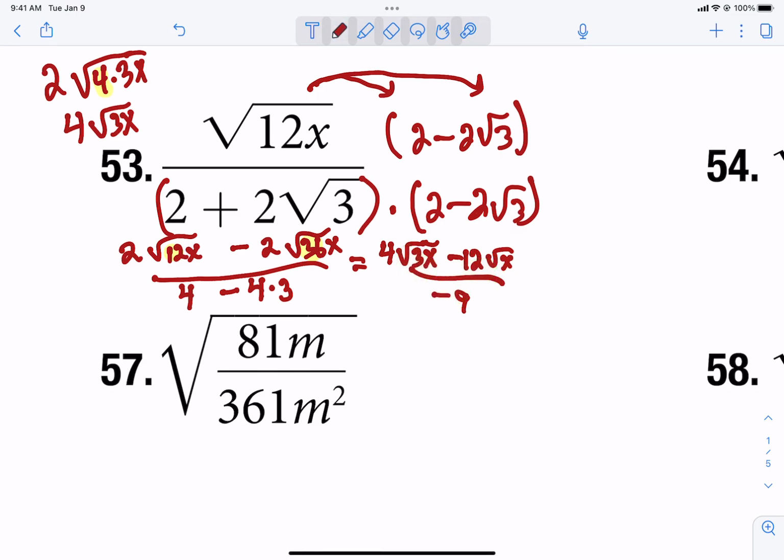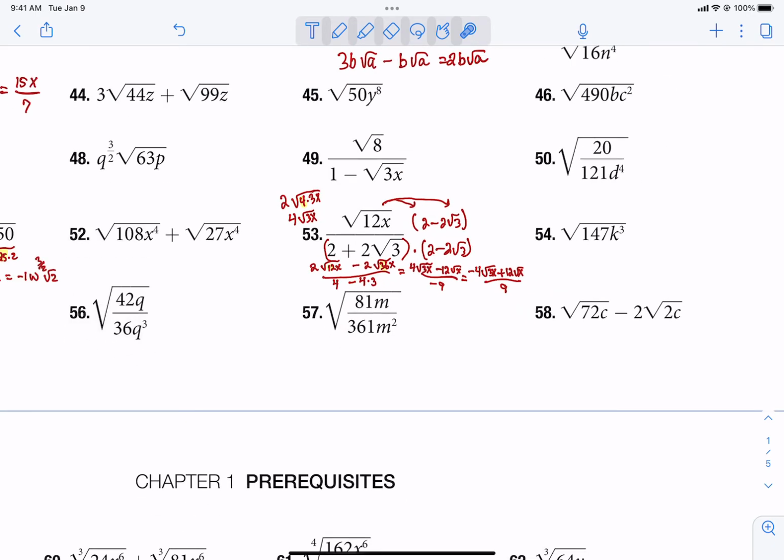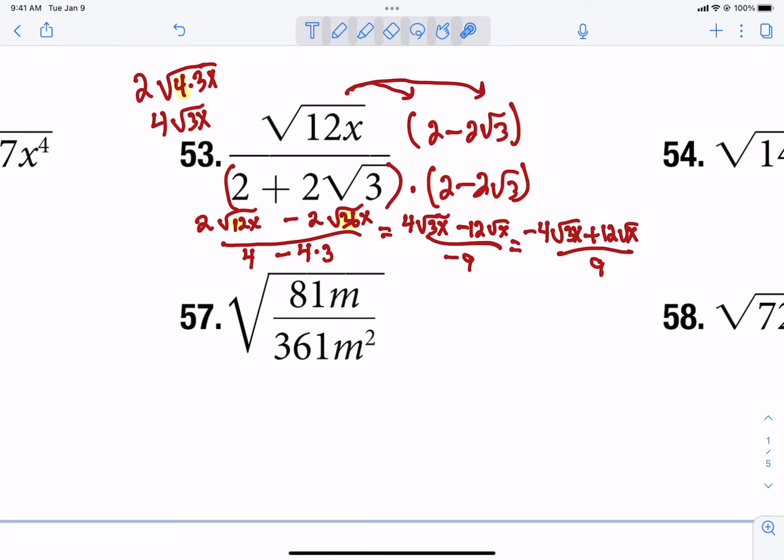That's the only thing you really should do at this point. So the final answer would be negative 4 radical 3x plus 12 radical x over 9. You can't reduce the 12 and the 9 because the 4 doesn't have something in common. So unfortunately, that one's disgusting, but hopefully that helps you think about it a little bit.